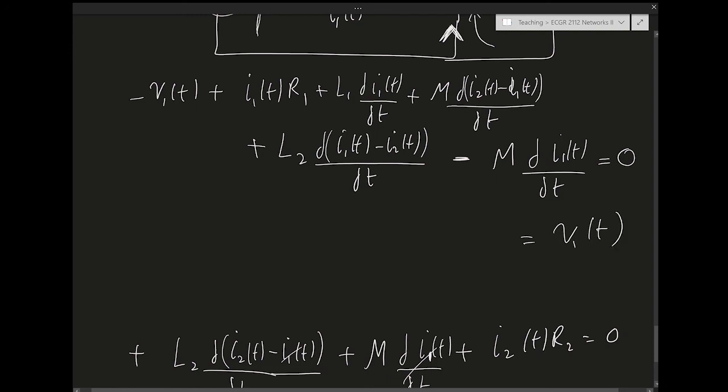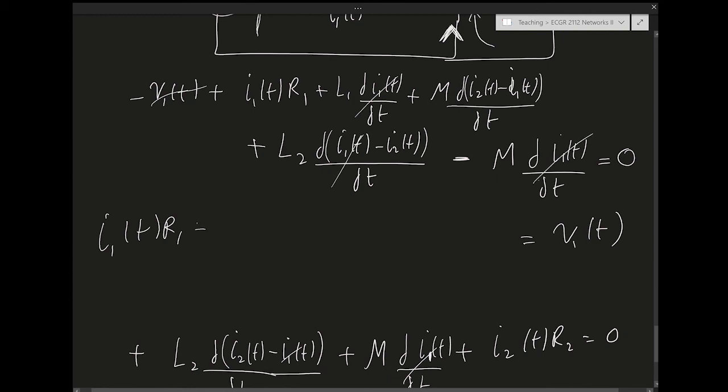And then let me arrange the things without the d by dt. So I have a single, yeah, it's only I1. So I have I1(t) R1, and then di1/dt. So I have this one, and this one.